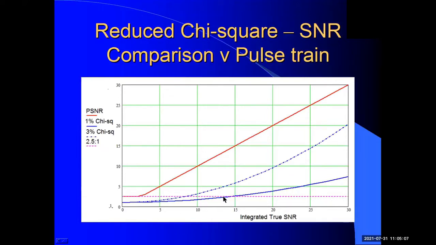The chi-squared statistic is duty cycle sensitive. So for higher duty cycle signals, say 3%, it gives an improved differential here.